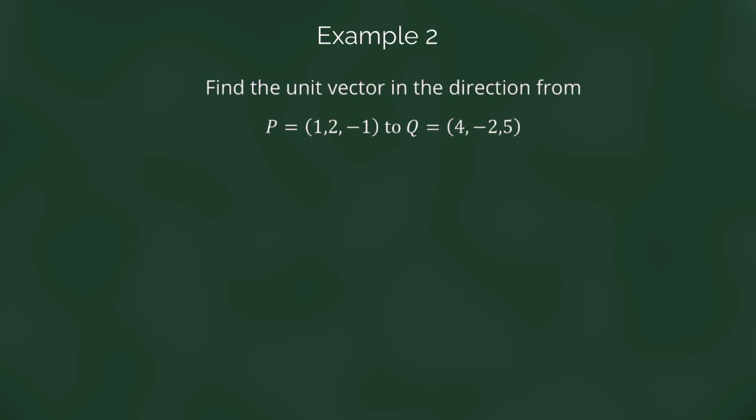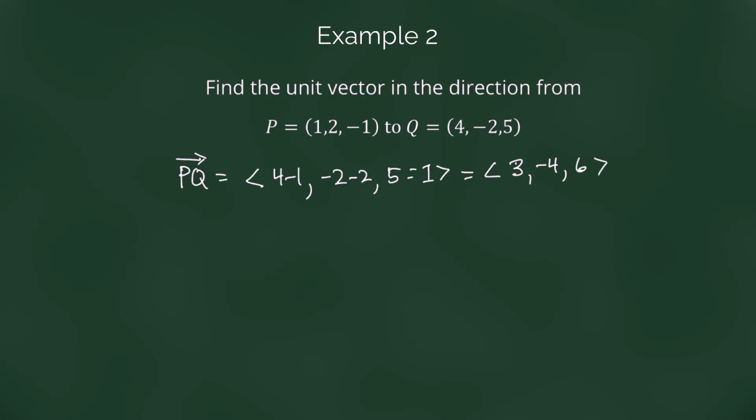In this example, we want to find the unit vector in the direction from P to Q. So first, let's actually write the coordinates of the vector PQ. So PQ, we know that that's going to be the vector, since we're starting at P and ending at Q, we're going to do 4 minus 1, negative 2 minus 2, 5 minus negative 1, which is the vector 3, negative 4, 6.